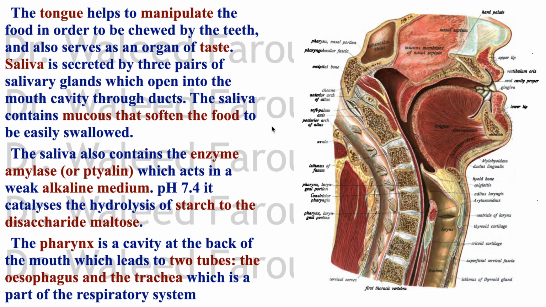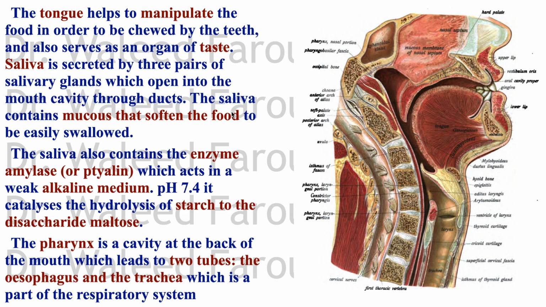Saliva, on the other hand, in the mouth, provides moisture to the food bolus to be easily manipulated, and it also contains enzymes, especially the enzyme amylase or ptyalin, that acts in a weak alkaline medium, pH 7.4.